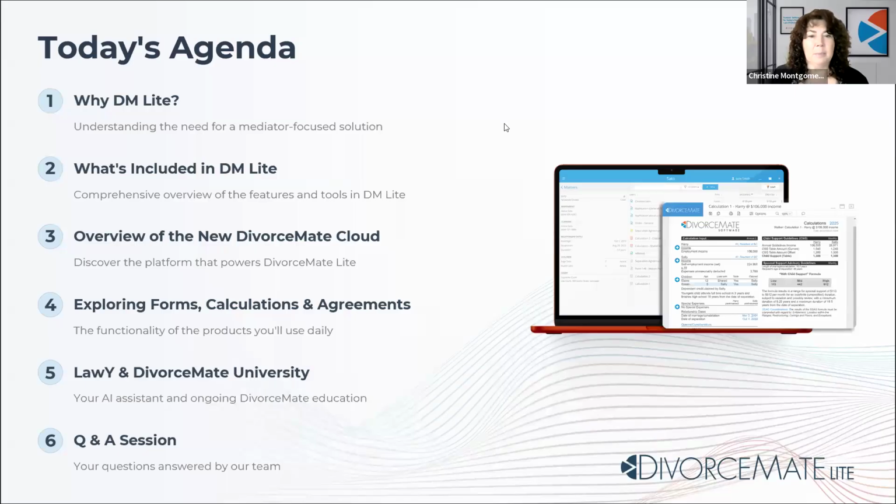And then look at some of the products that you would have available under DivorceMate Lite, our forms, our calculations, and our agreements. And then finally, I want to look briefly at the AI tools that we have in the software, as well as our educational resources. And then we'll get to your questions.